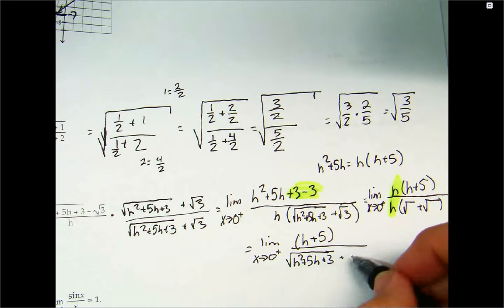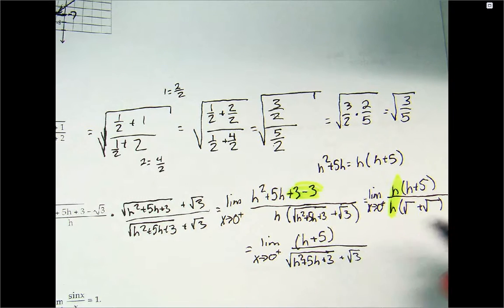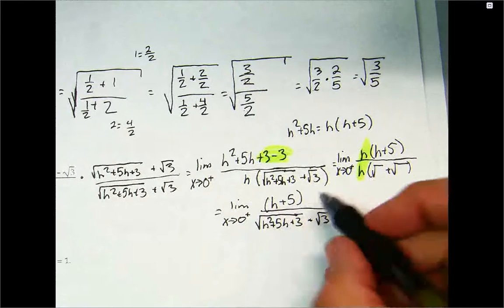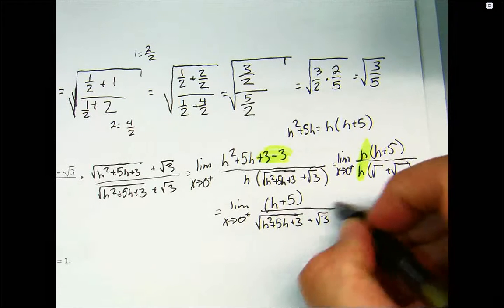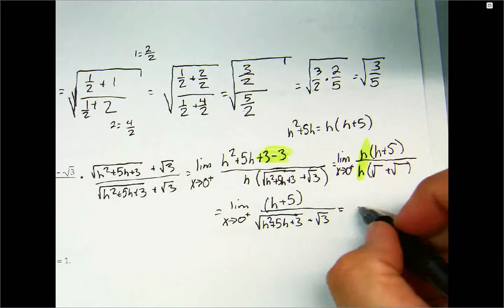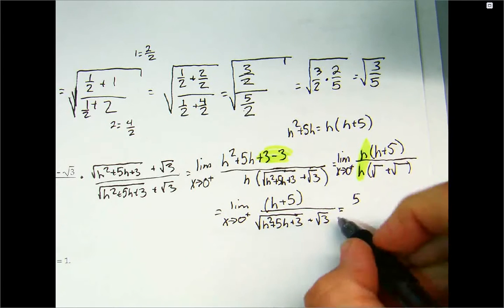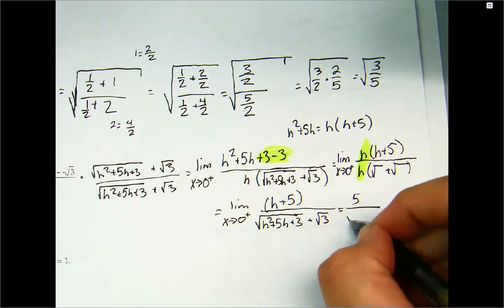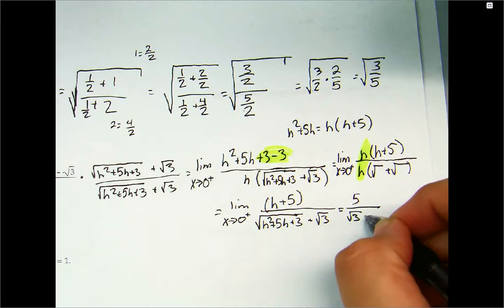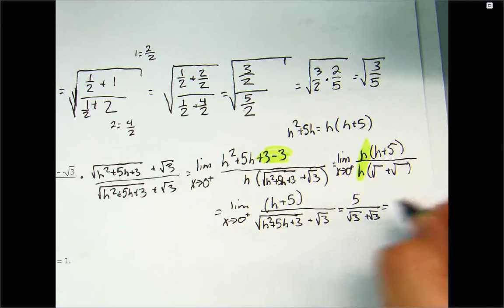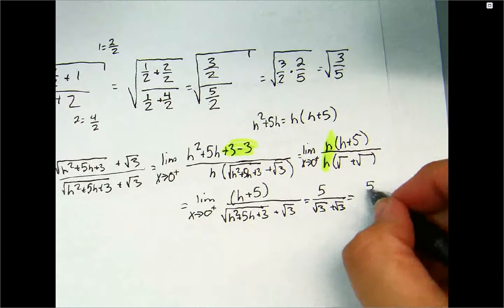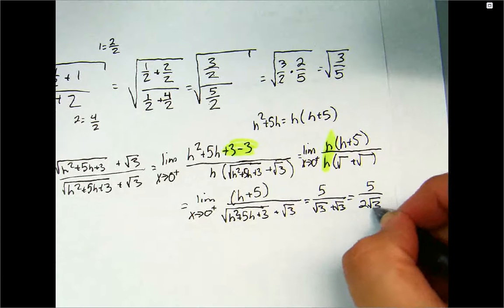Now, direct substitution: h is 0, 0 plus 5 is 5, and we'll get the square root of 3 plus the square root of 3, and this would be equal to 5 over 2 times the square root of 3. We don't have to rationalize the denominator, so that's always a nice thing.